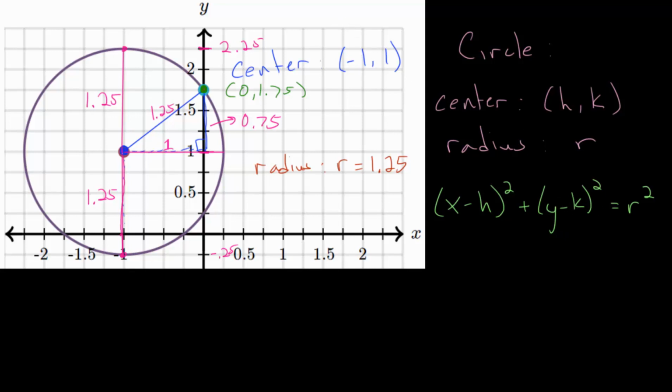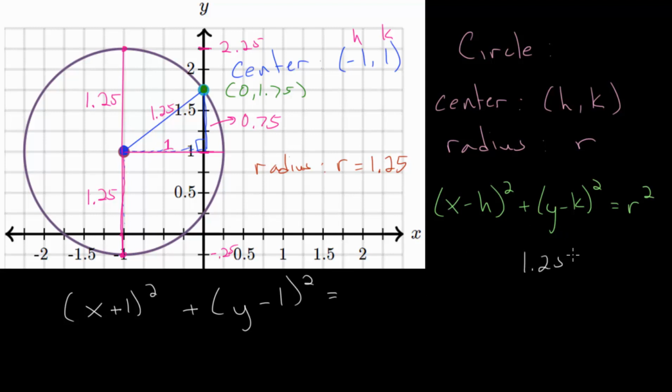We know that h, the x value of the center, is -1, and k, the y value of the center, is +1. So we have x minus h, or minus -1, which is the same as adding 1. We square that, then we add y minus k, or y minus 1. We square that. And then we have the radius squared.